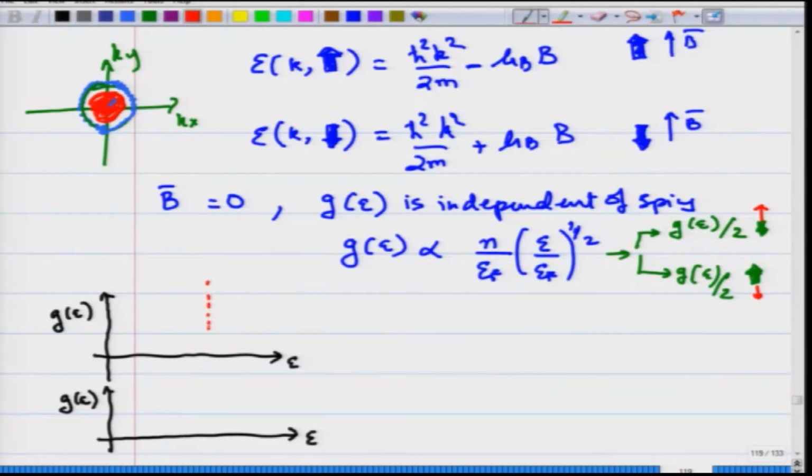Somewhere we have the Fermi energy. This is the density of states for the spin up electrons, or magnetic moment pointing up, and this is magnetic moment pointing down, and the density of states is going to go as E raised to half. These are all occupied states.